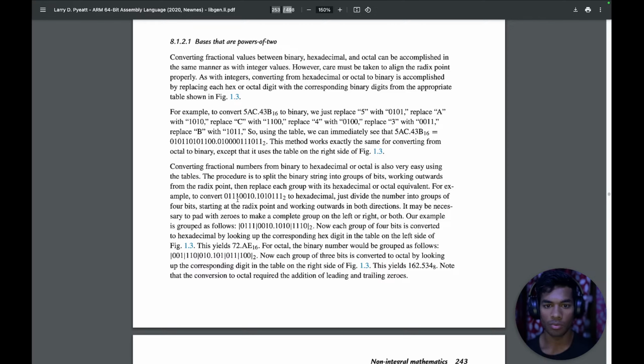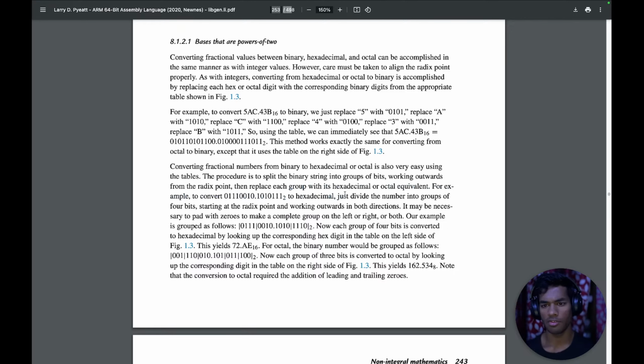This is 2, and the later 4, this is 7, 7, 2, and here we will have 10101, that is 10, and 10 in hex is A, and we have this, which is 14. 14 is E, so 72AE.